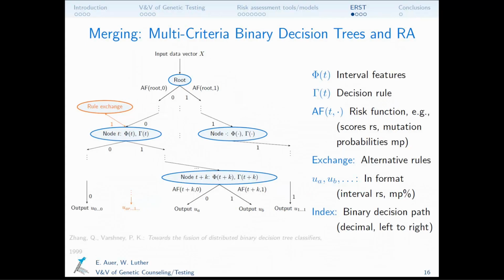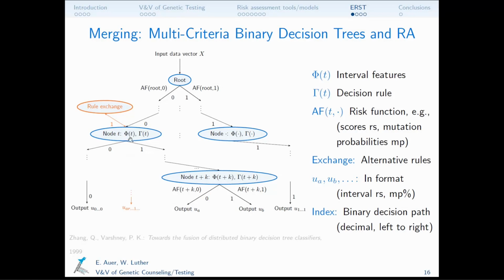Risk assessment tools often have a kind of a binary logic to them. That's why they are well suited for combining with multi-criteria binary decision trees. So such a combination can look like that.